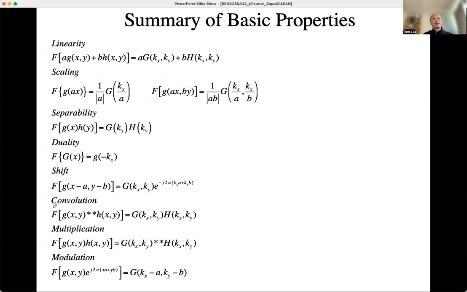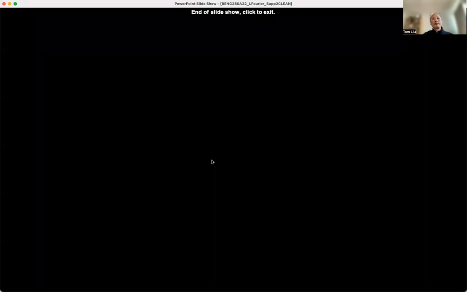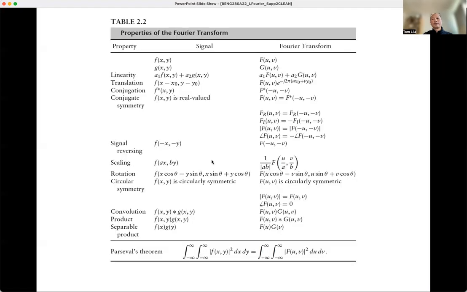The most important things that we'll use over and over are the convolution and multiplication properties: when we convolve in one domain, we multiply in the other domain. With that, you should be better off being able to do the homeworks and understand the material on MRI.